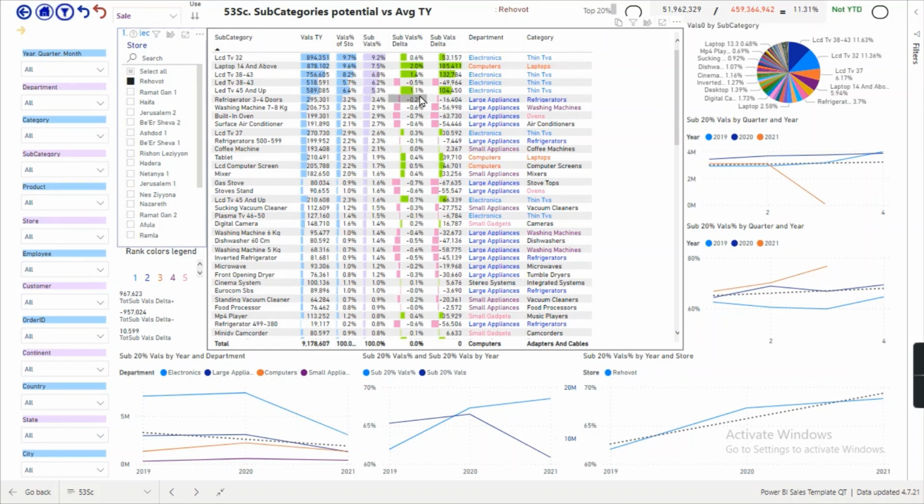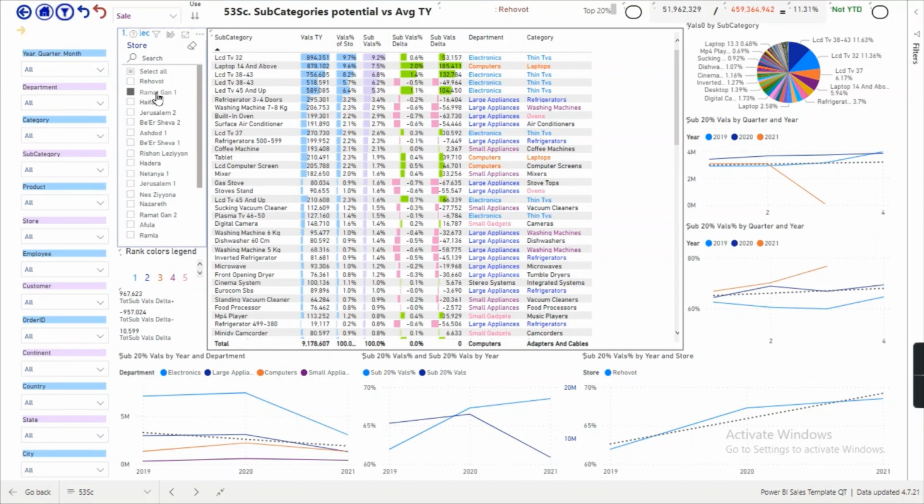There are also nice results in some others, and it's lower in kitchen, in large appliances, and surprisingly in LED TV it's lower. Okay, that's for Rehovot, a good store with great results.